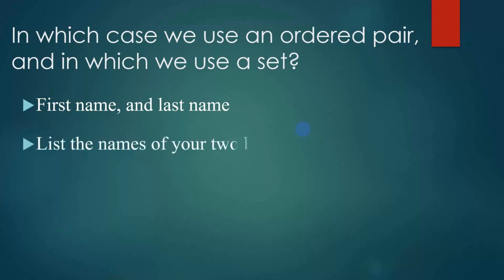That's the second case, when you are asked to list the names of your two brothers. In this case, order doesn't matter because it doesn't matter which one of your brothers you tell first and which one you tell second. So, since order doesn't matter, in this case we use a set.